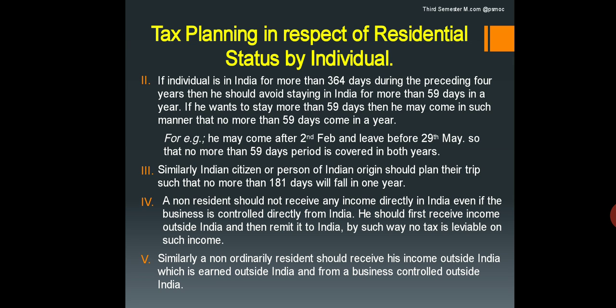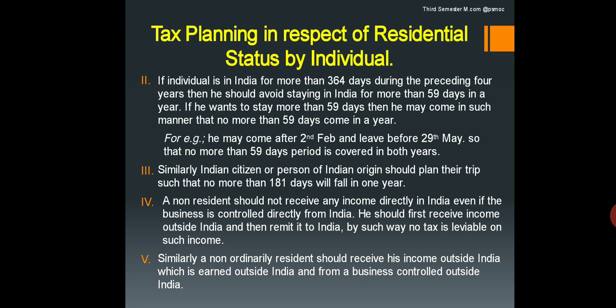Okay. Then, if he has to stay in India for a period of more than 60 days, what has he to do? He has to stretch his visit over 2 financial years. Like he comes to India on 2nd February, and in February and March he can stay in India. So it will become some 58 or 59 days in that previous year.